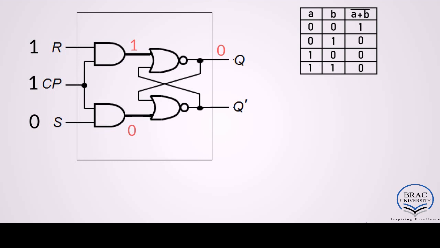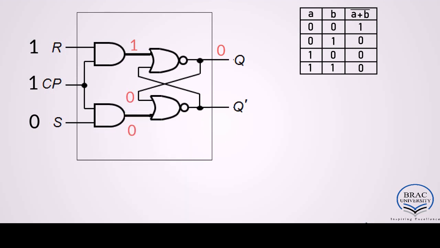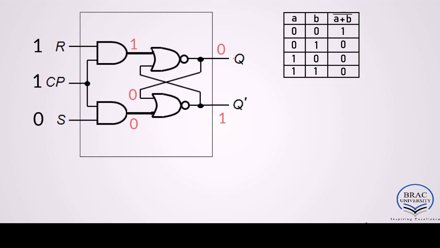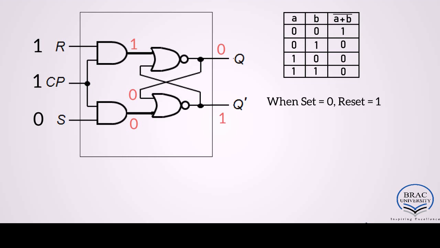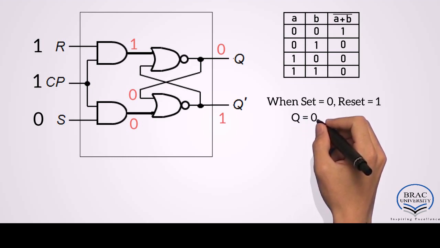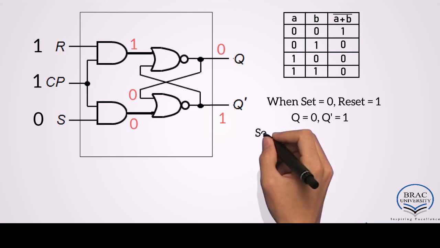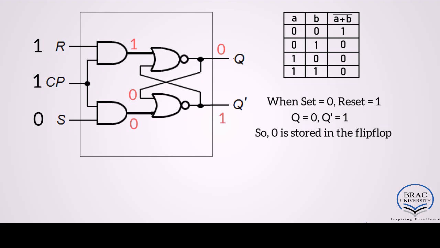This 0 will be passed to the input of the second NOR gate. So the result of the second NOR gate becomes 1. Therefore, if set equals to 0 and reset equals to 1, then we get Q equals to 0 and Q prime equal to 1. This value of Q will be stored inside the flip-flop.